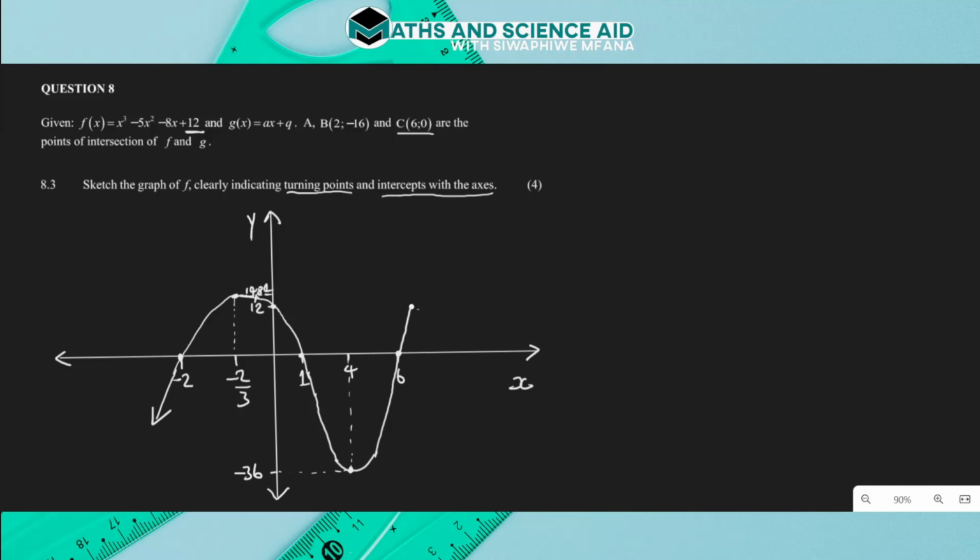And so this is how the graph of f would basically look like.